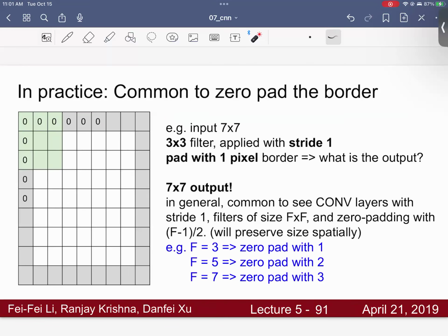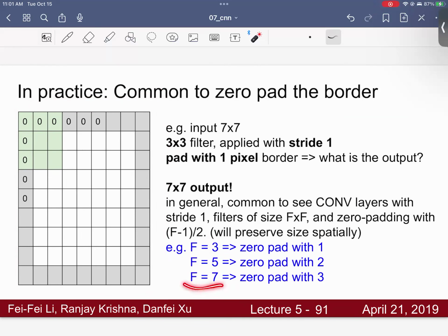It's the same thing. And if you're using stride 2, for example, then you would want to use larger padding, or vice versa. If you use a larger filter, instead of 3 by 3 you're using 5 by 5, then again you need to use a larger padding. You need to have 2 pads, like another pad right around here, surrounding the first pad, so that you can use a 5 by 5 filter and still get 7 by 7 out.